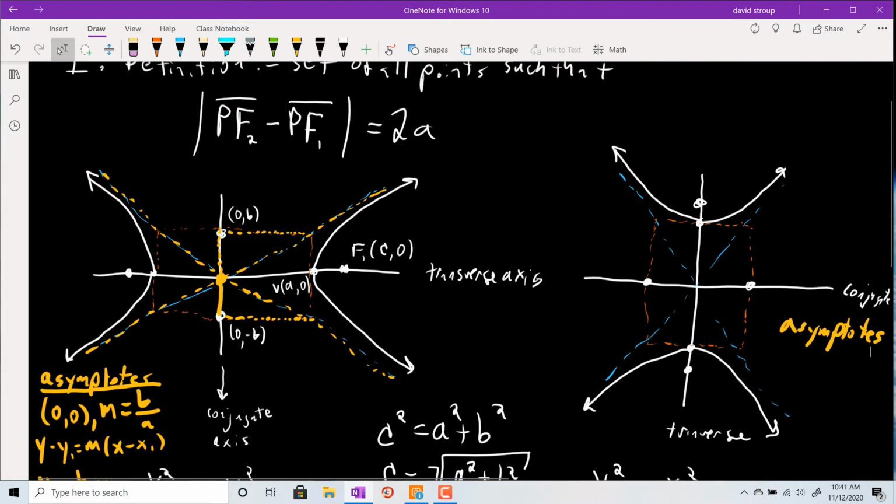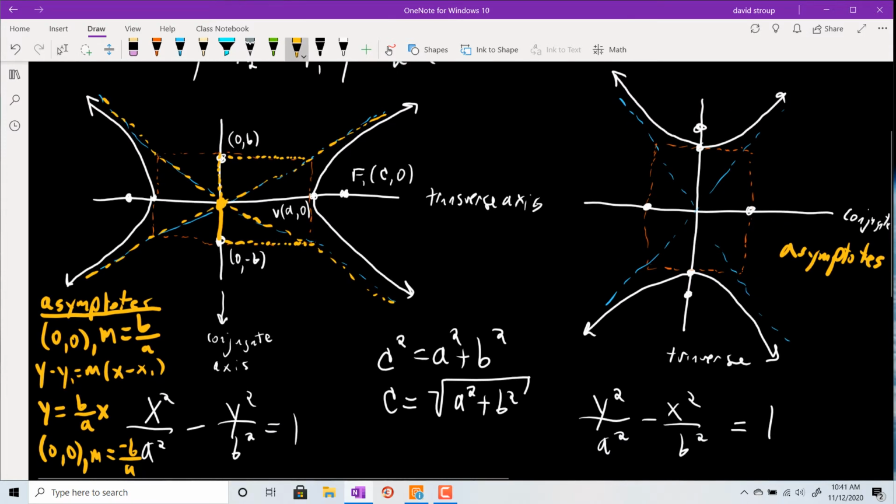Instead of going up by b, because of the orientation now, this point on the vertex would be at 0, comma a, and this point on the conjugate axis is b, comma 0. So the slope is different. If you take this first asymptote and want to know its slope, you go up by a and then over by b.